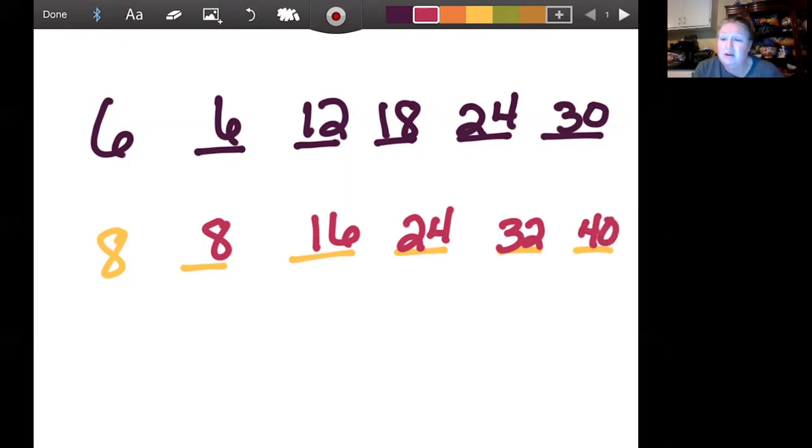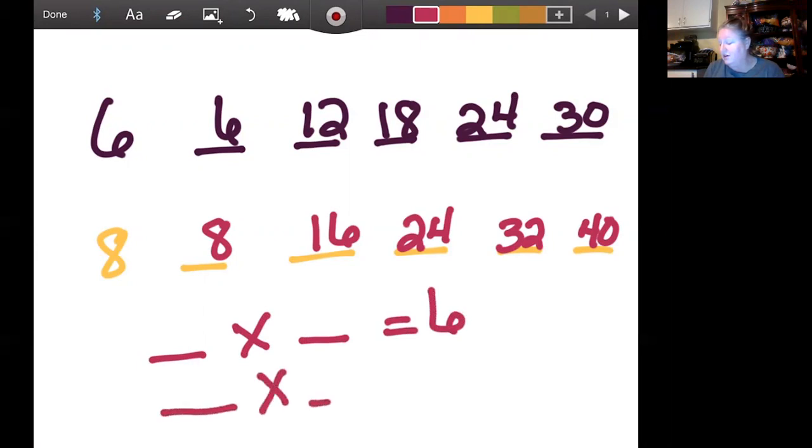Now we'll get to where we come across factors again, which we've done, but you have multiples and you have factors. Multiples are if 6 is multiplied times another digit, the answer is the multiple. If I want to know the factors of 6, that would be a number times another number that equals 6. Okay?